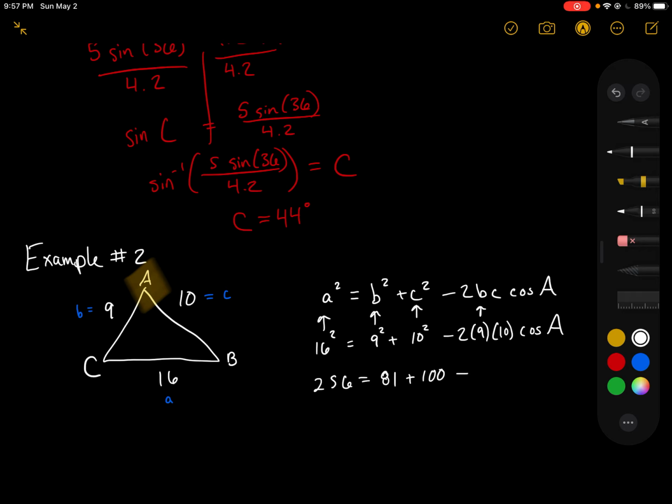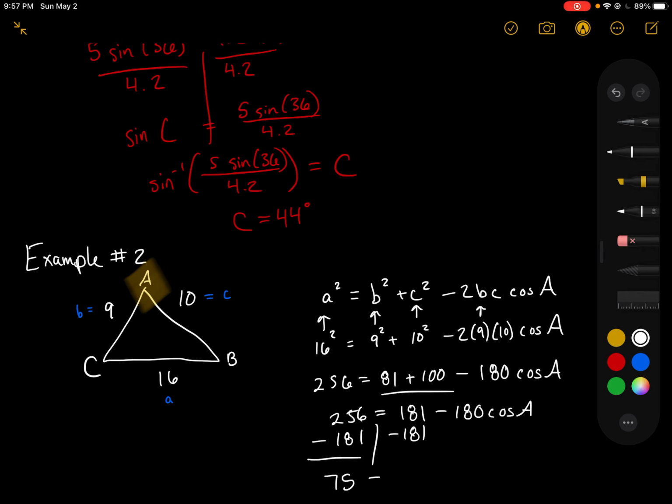So start off, just evaluate, order of operations, as we're going. So 256, 81, 100, and then minus 2 times 9 times 10, 180 cosine of A. Put these two terms together, get 181. Let's bring this 181 over.